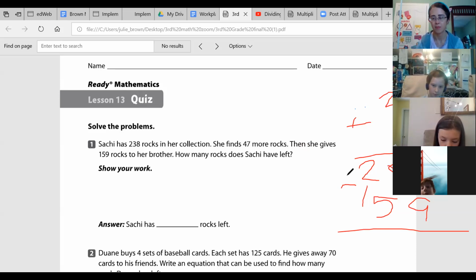And then 15 minus 9 is 6. Sorry, I was thinking about something else. And then 7 minus 5 is 2. And then 2 minus 1 is 1, so it's 126. Awesome.